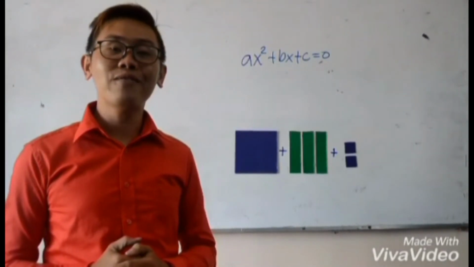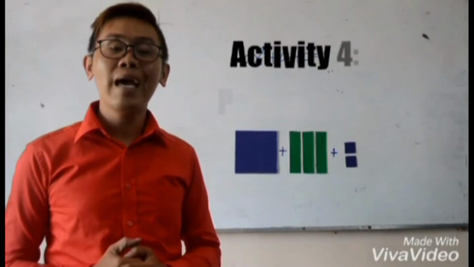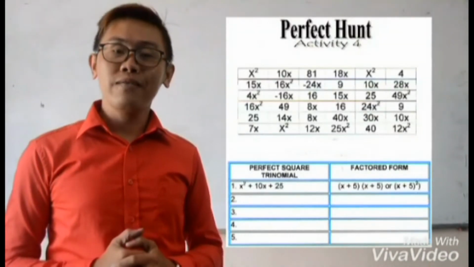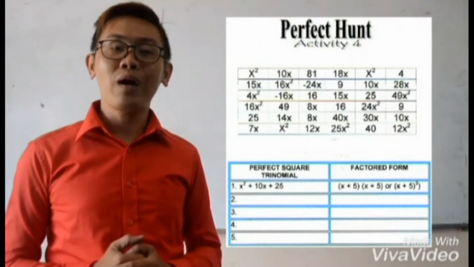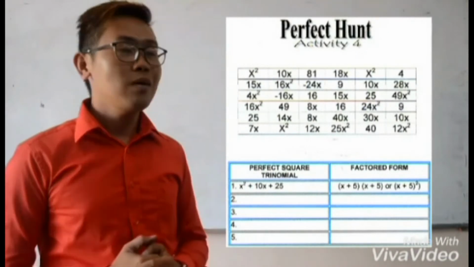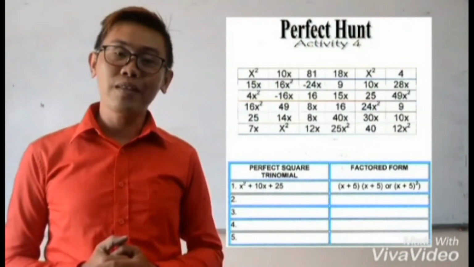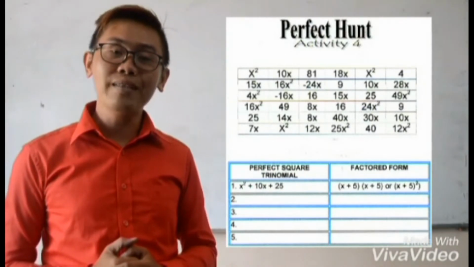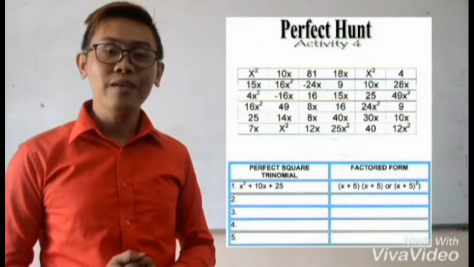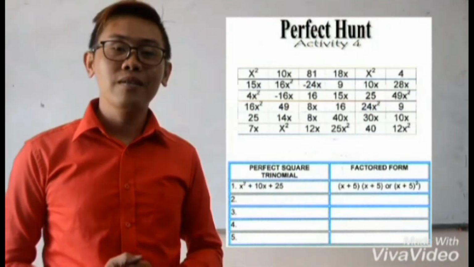Now, you will have activity number 4 and it is Perfect Match. This activity will help you identify perfect square trinomials. On the activity, you are going to find perfect square trinomials and give their factors.